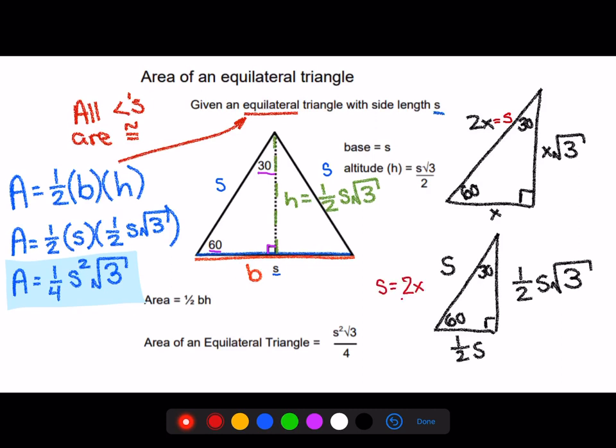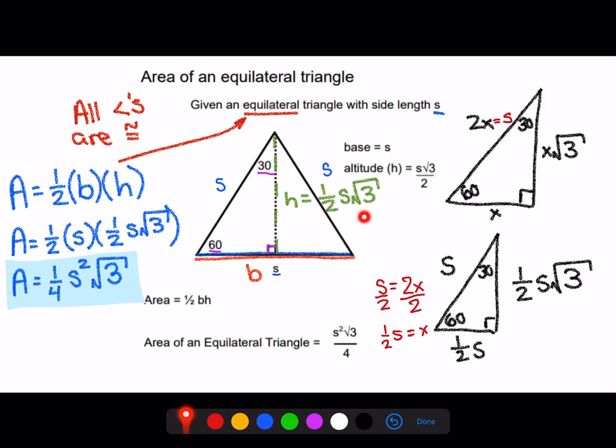Well, therefore, x is equal to 1/2 s. So in this case down here, we get 1/2 of s, and that's my x value. So to find the side opposite 60, our height, our altitude, we do 1/2 of s times rad 3. Now, from here, we see that height is equal to 1/2 of s times rad 3.